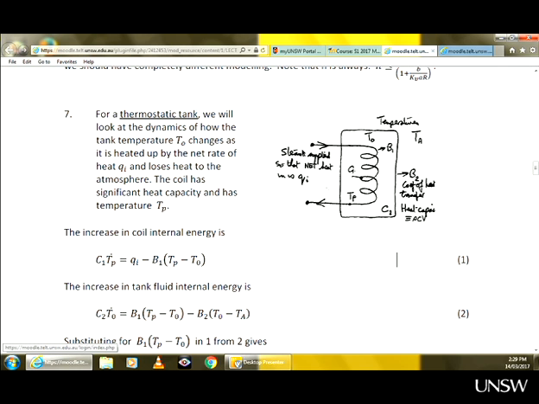That will be equal to heat in, which is Qi, minus heat out, which is the heat that travels from the coil into the water surrounding the coil. That will be some constant. We don't even have to know the name of that constant, the name of that coefficient. But why does that heat flow from one medium to another? Because there is a temperature difference. So Tp minus To is what drives that process.